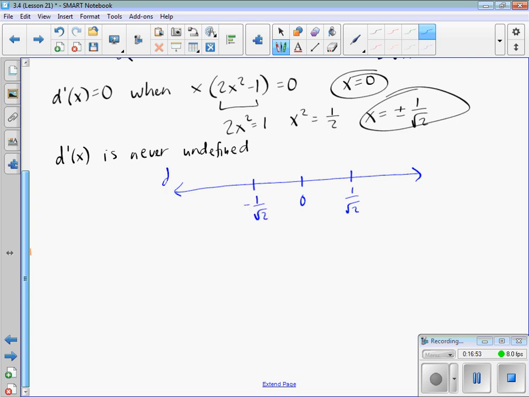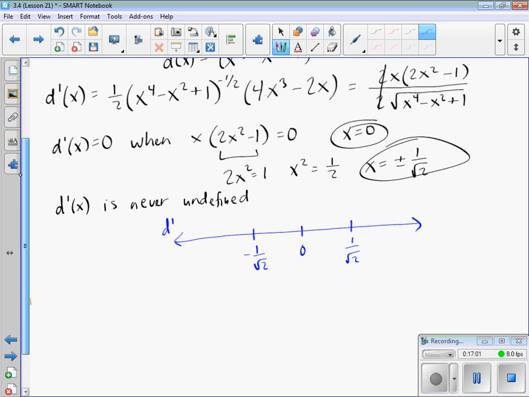And then I'm plugging into the derivative, right? So if I plug in something huge into the derivative, the denominator is always going to be positive, isn't it? Because it's a square root, it's got to be. So I'm just worried about the numerator. So if I plug in something huge, I get a positive.